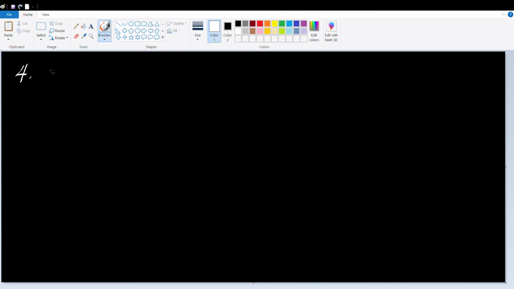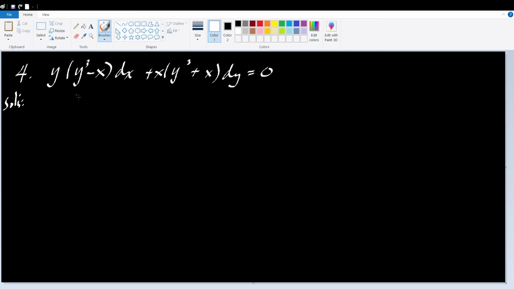Another one. Say (y cubed minus x) dx plus (xy cubed plus x) dy equal to 0. Just like what we have done in the previous example, if we distribute y and then x and then factor y cubed, what do we get?